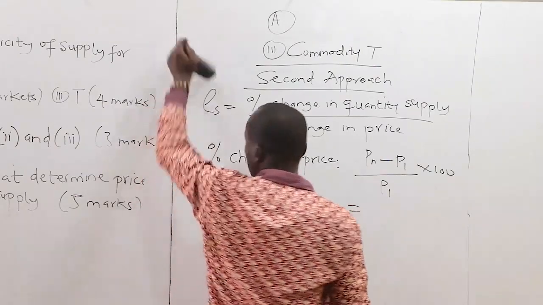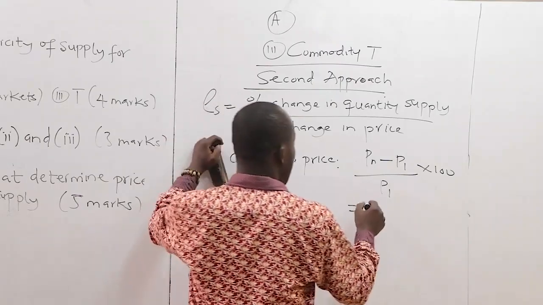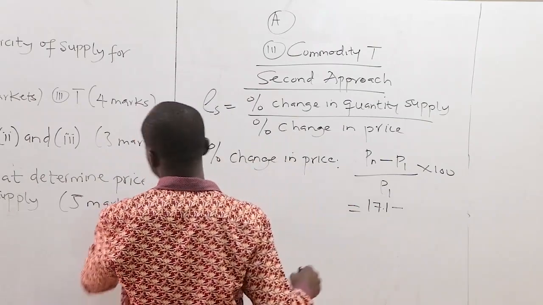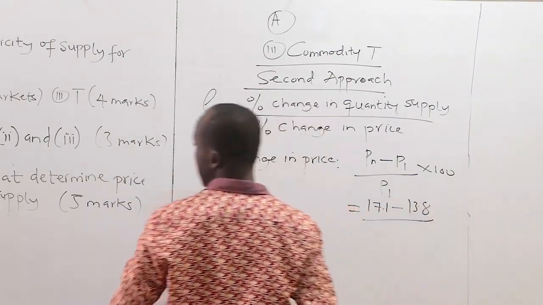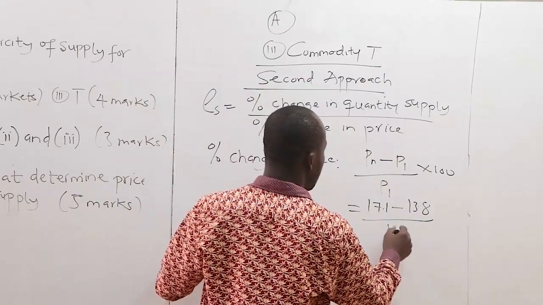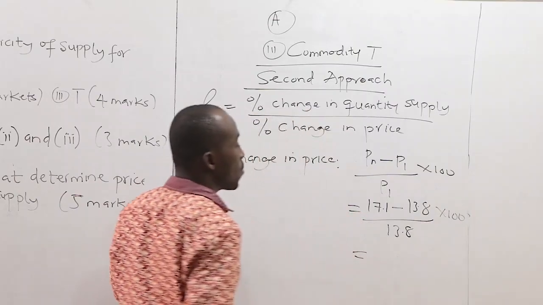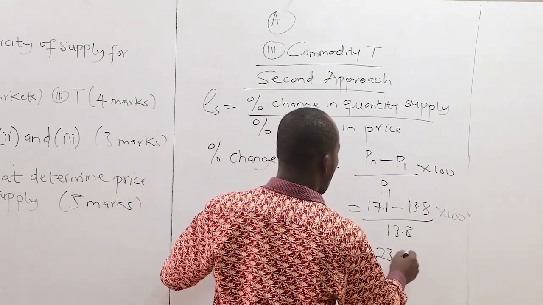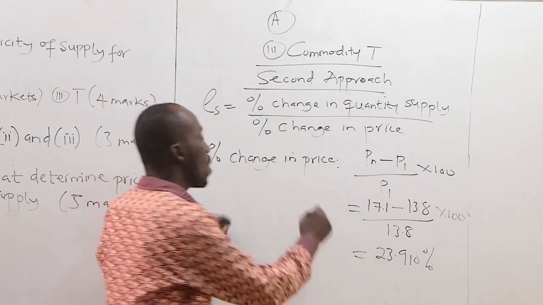What is the new price? The new price, you know, is 17.1. The initial price is 13.8, divided by the initial price, which is 13.8, times 100. And when you do that, you're going to get 23.90%. That will give you 1 mark.